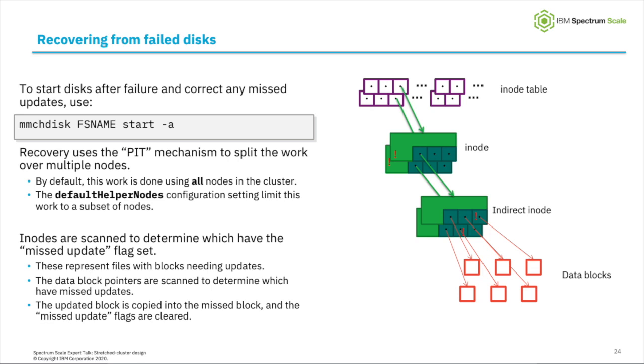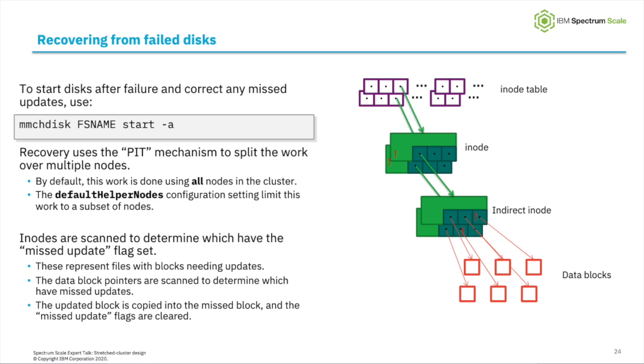Right, so now the inode pointers to those files' data blocks will be scanned. And pointers to blocks where we missed the updates are likewise marked as dirty. Spectrum Scale will then fix the replication of those blocks. So the result is that it's actually a pretty fast process. We're not needing to re-replicate entire files that were changed while one site was down.